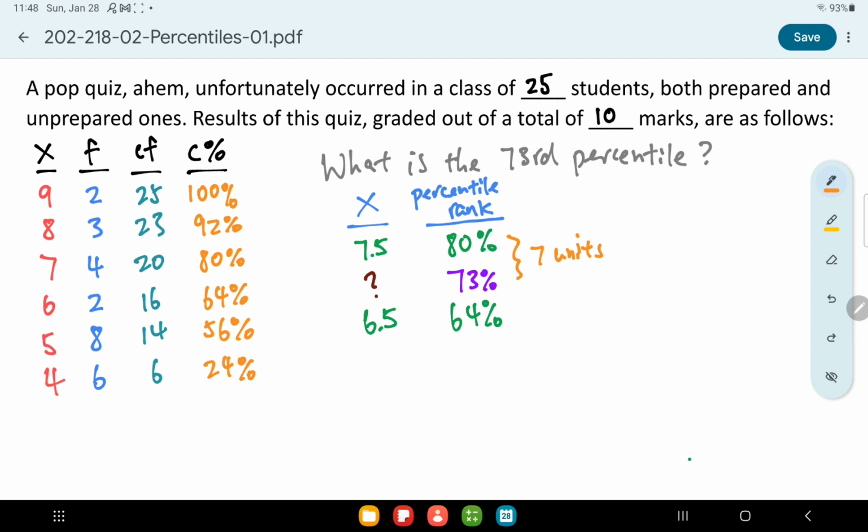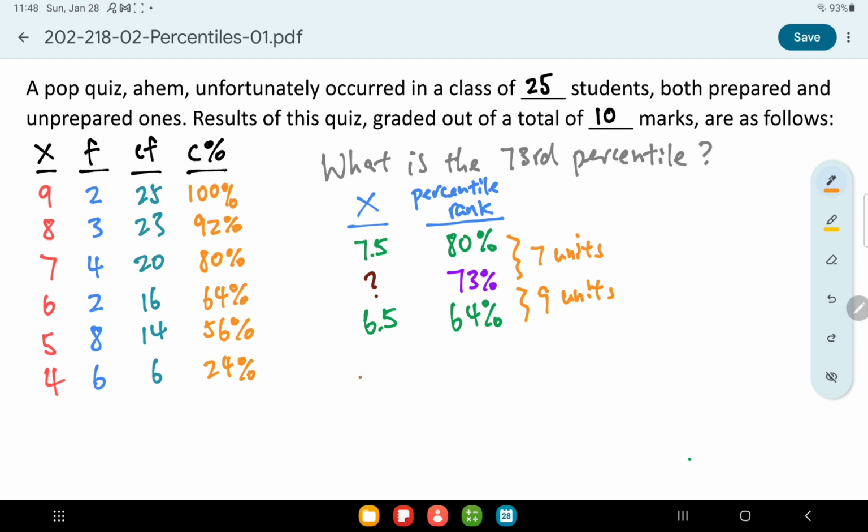And between 73 and 64, we've got 9 units. If we use the reference point of x equals 7.5, which corresponds to 80% as the reference unit, then what do we make of this? Let's figure out the relative proportion.